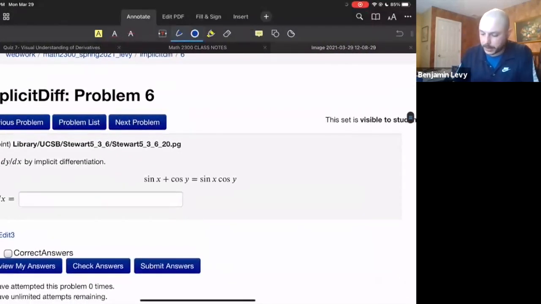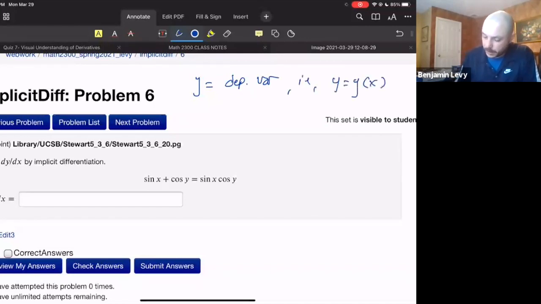So we want to think about this as still y being the dependent variable, i.e. y is a function of x, and x is the independent variable.